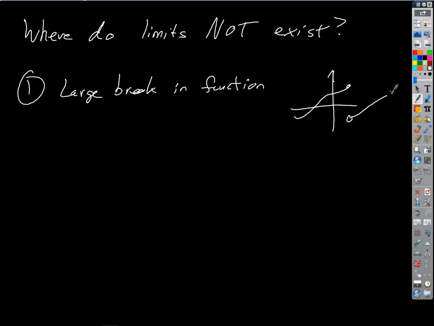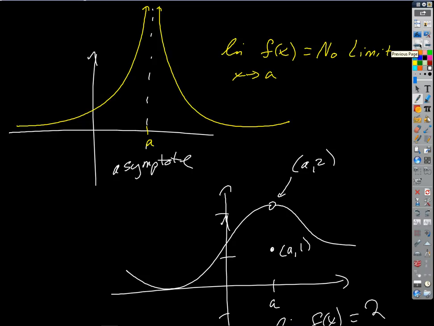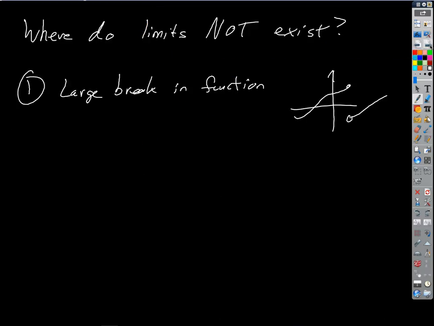The function approaches different values from opposite directions, right? What's another type? Asymptotic behavior, right? Where the function has infinite behavior, right?